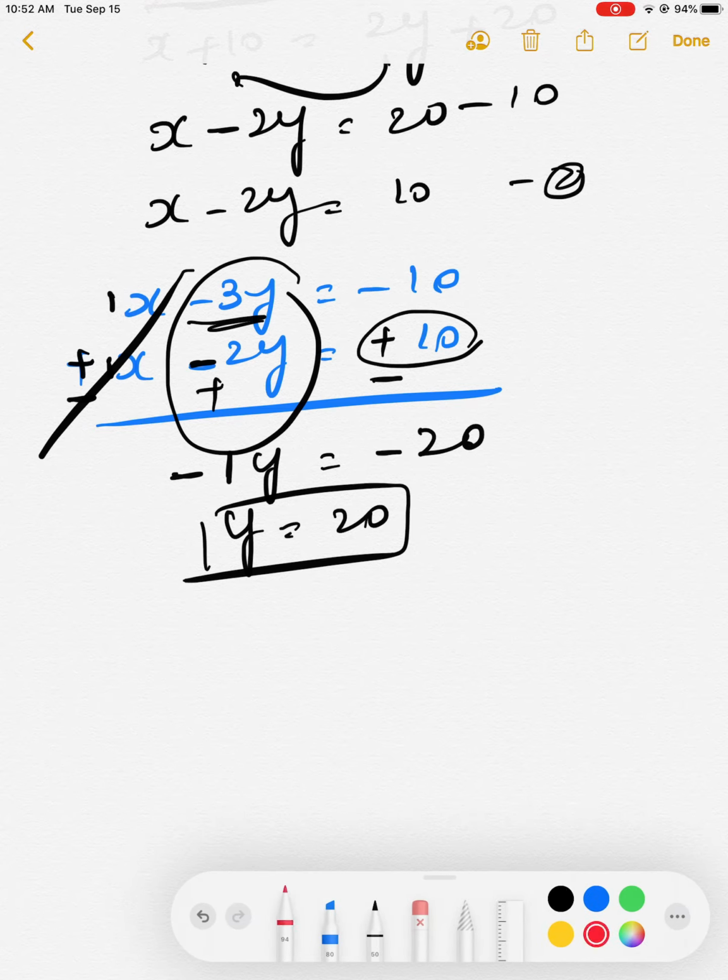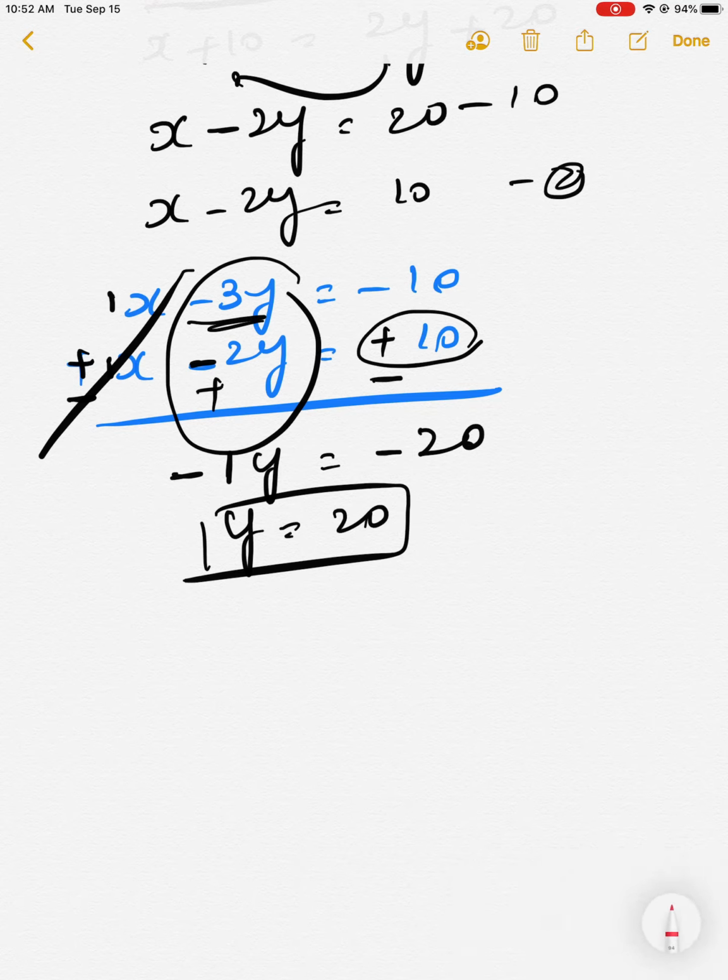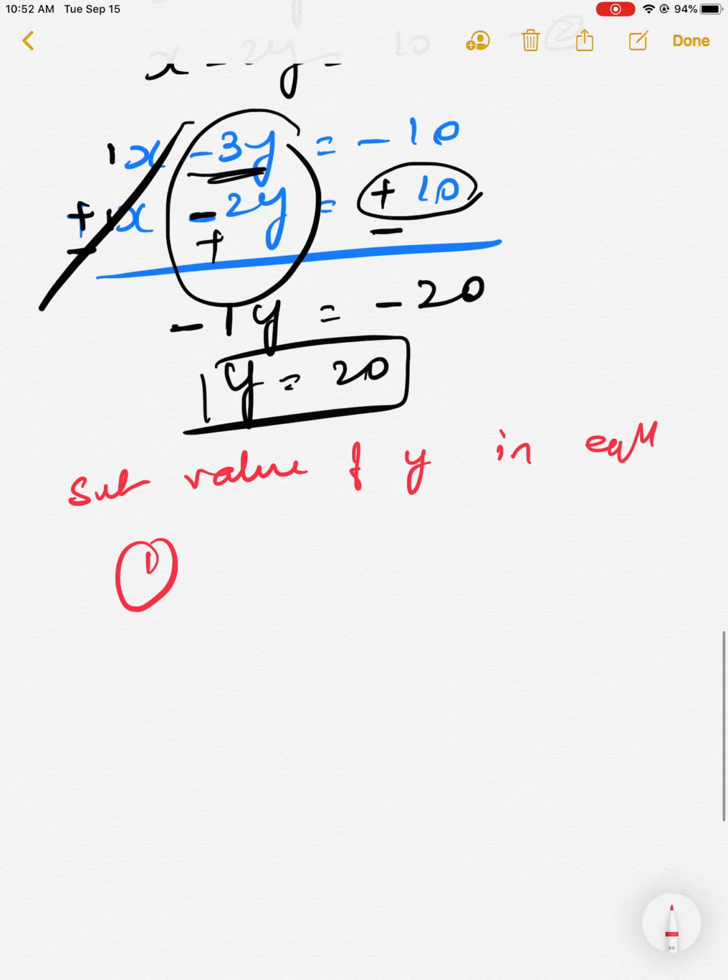Now we need the age of Nuru. Okay, how will Nuru's age come? Substituting the value of y in equation 1. What is equation 1?